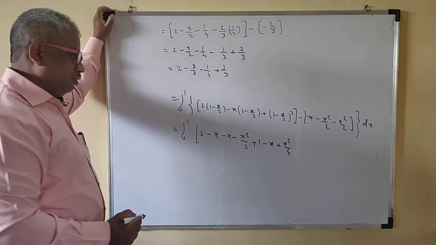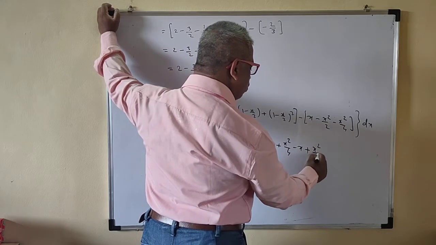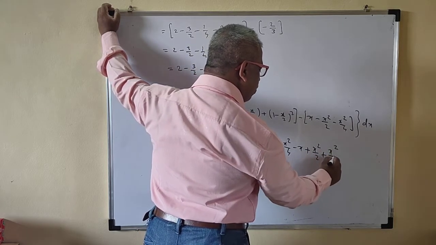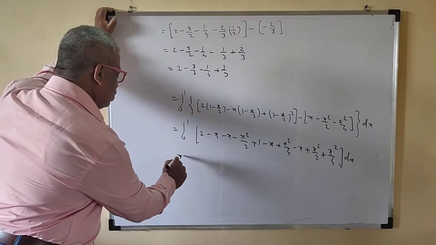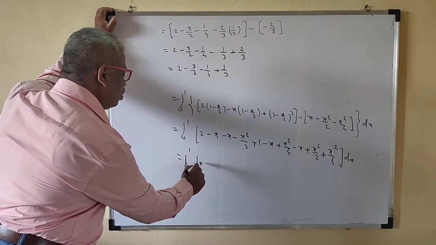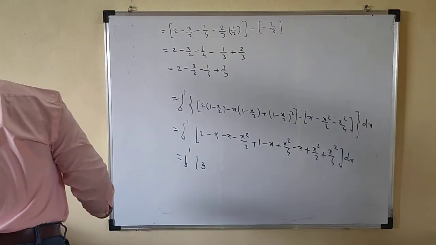I will expand all these things, okay? So minus x plus x square by 2 plus x square by 4. Okay, now we'll simplify this. Now this is what? 0 to 1. 2 means 3. This is 3. Okay.